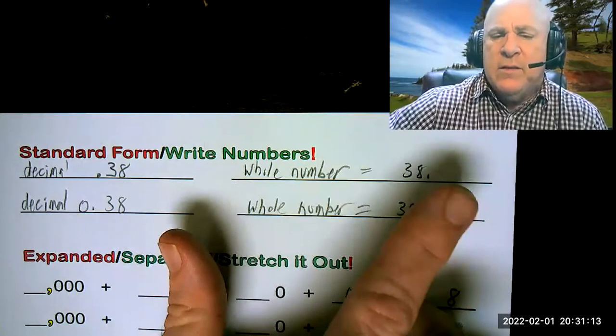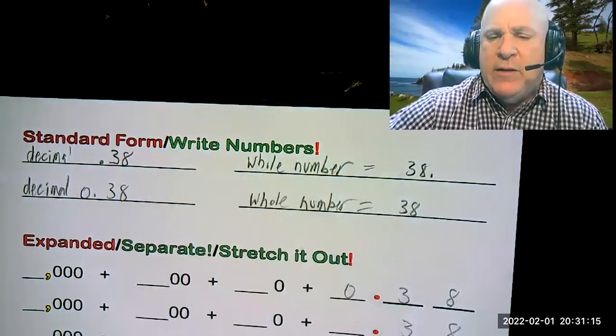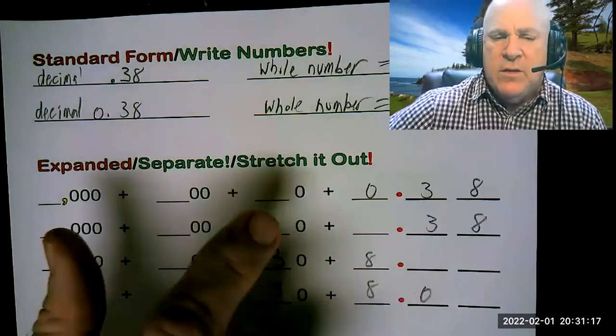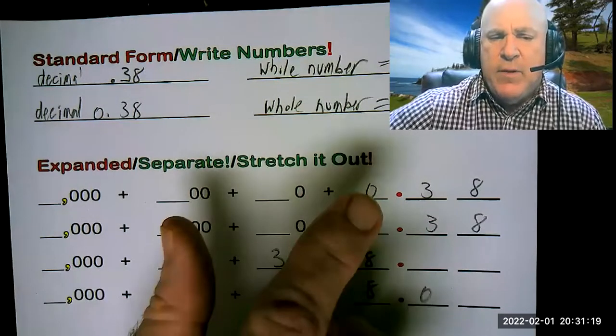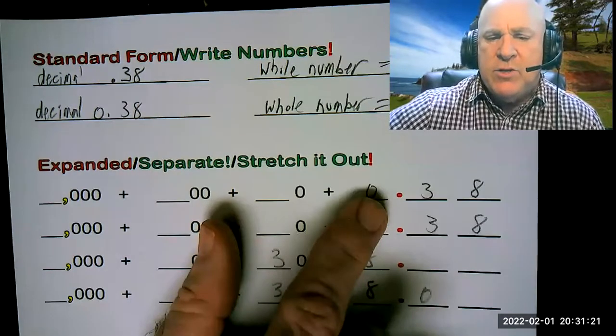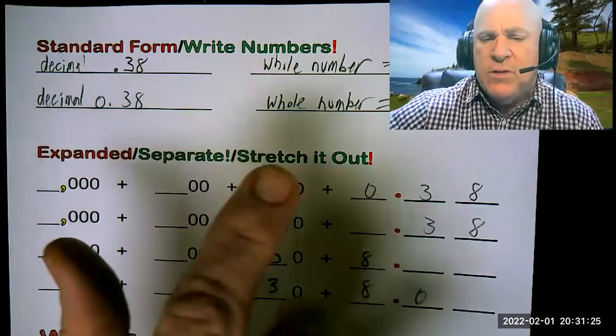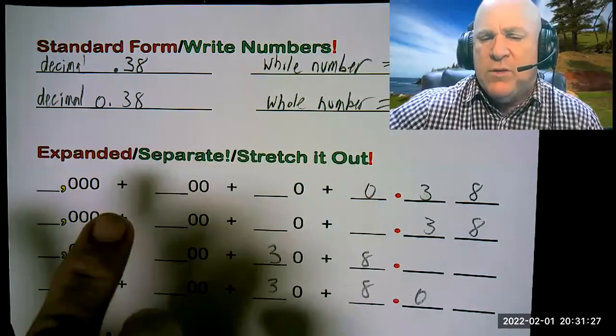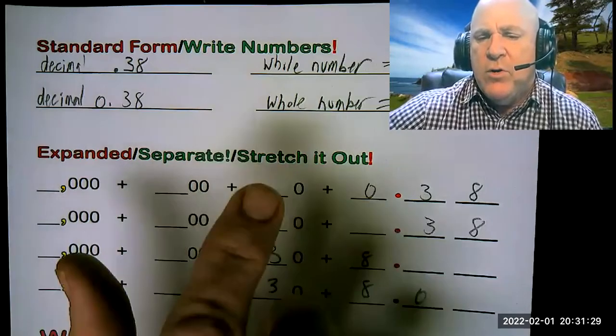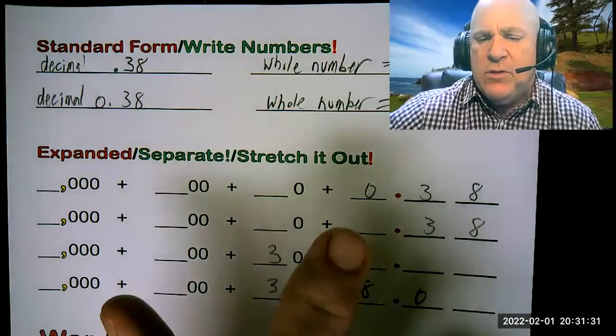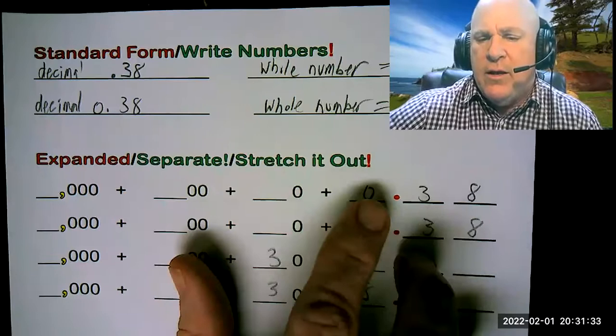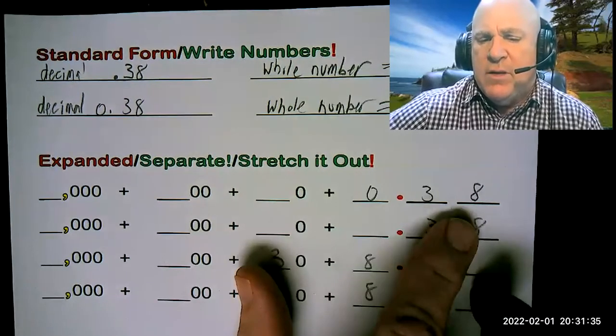But since they said it was less than 1, it would either be 0, and this is expanded, separate, stretch it out. There's no thousands, no hundreds, no tens, no ones that you can just plug in. It's just 0 and 38 hundredths, or 38 hundredths, and you can skip saying that.